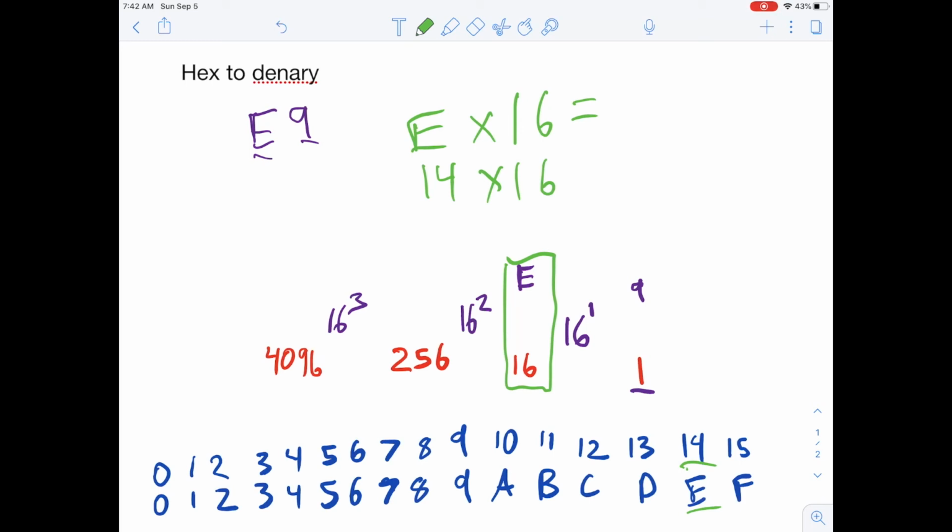And that is going to be 224. Oh, I can put it down here as well, 224, 14 times 16.